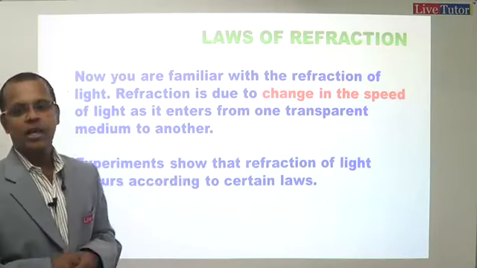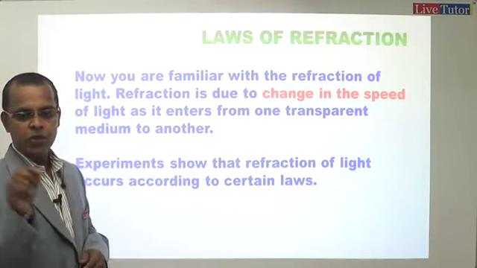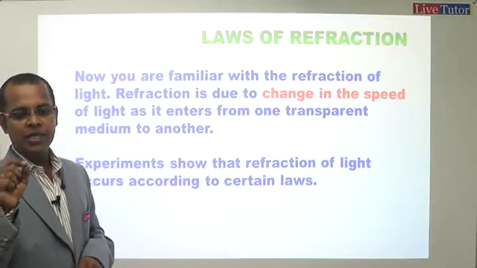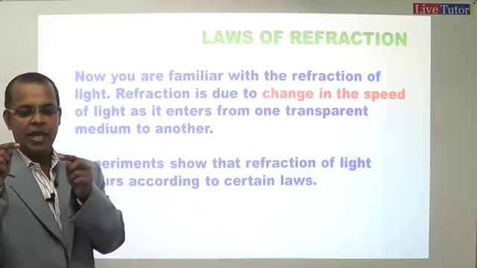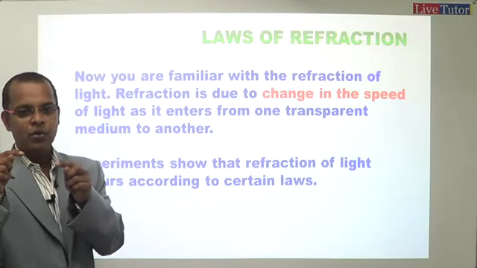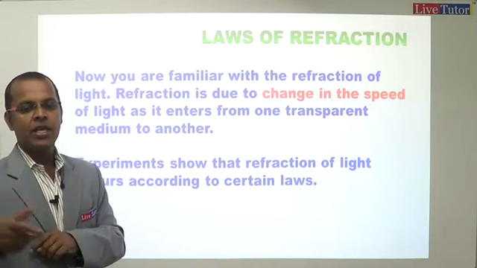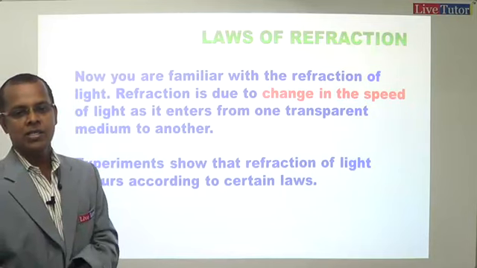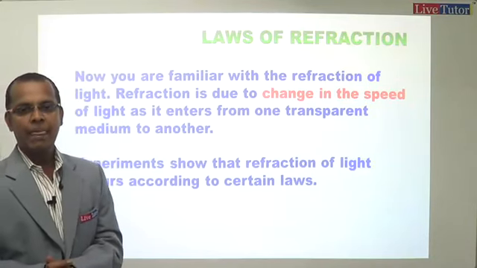And also you would have seen a flower decorated with light, which is also called an optic fiber. These optical fibers are designed in such a way that when light is passed through them, the light is allowed to get internally reflected, no refraction taking place. It is totally internally reflected so that it can reach without any loss. So that concept is made use of in the optical fiber cable.